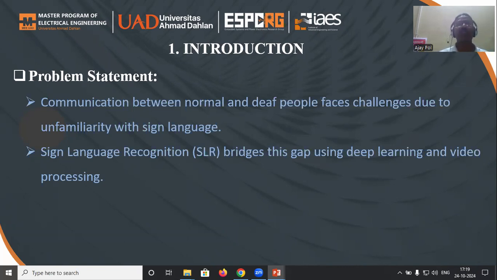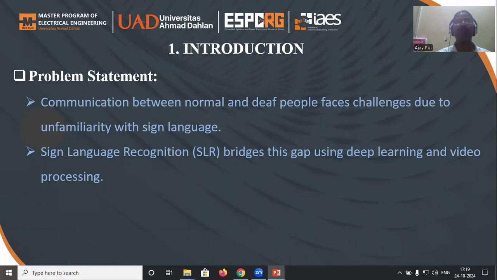Effective communication between normal and deaf people faces challenges due to unfamiliarity with sign language recognition. To minimize this communication gap, technological advancement with the aid of sign language recognition techniques from video processing plays an important role.